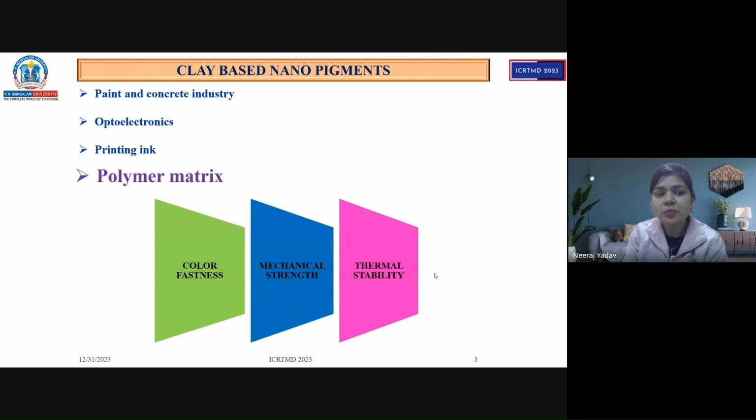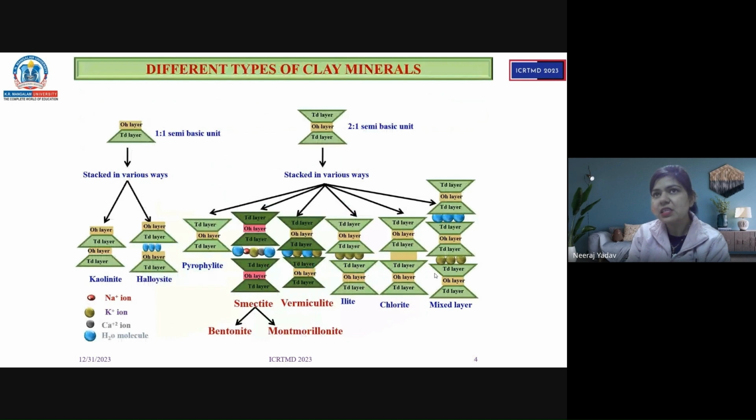They can also be used in the polymer matrix to form beautifully colored, homogeneously dispersed polymer films. When used as inorganic filler in the polymer matrix, they can increase the color fastness, mechanical strength, and thermal stability of the polymer films.